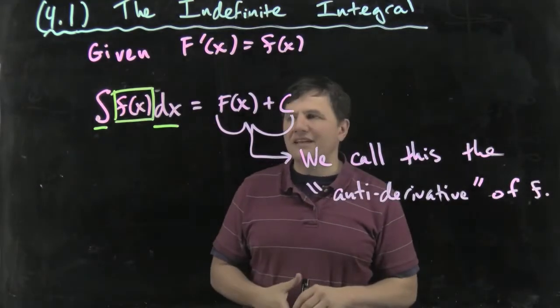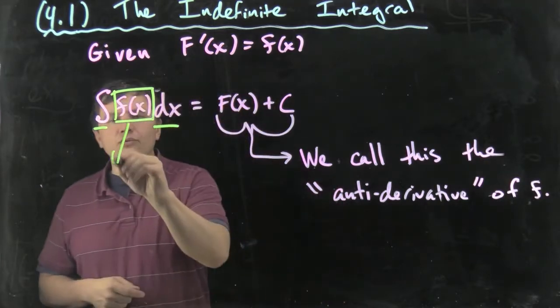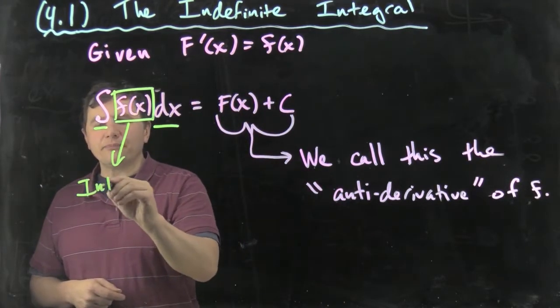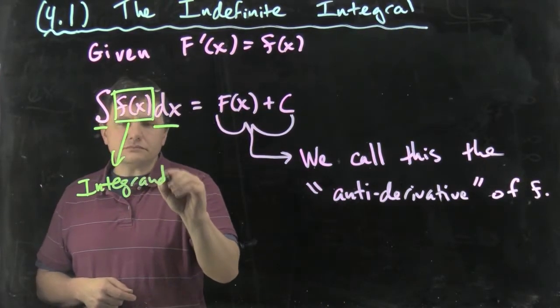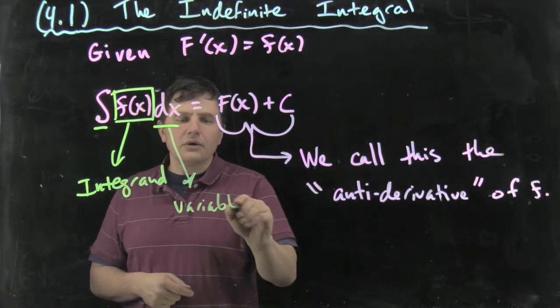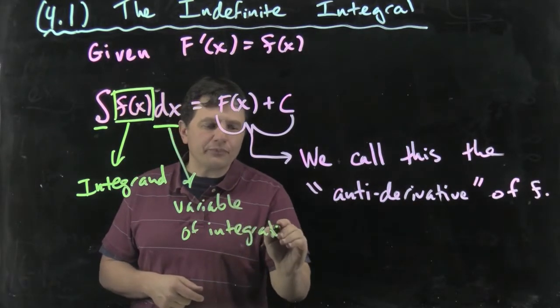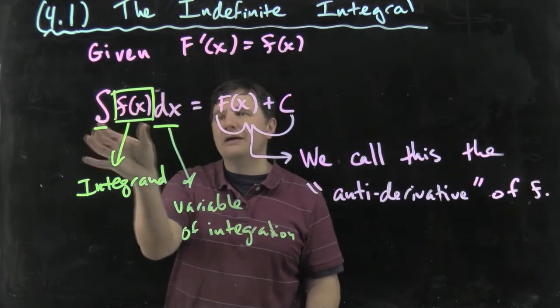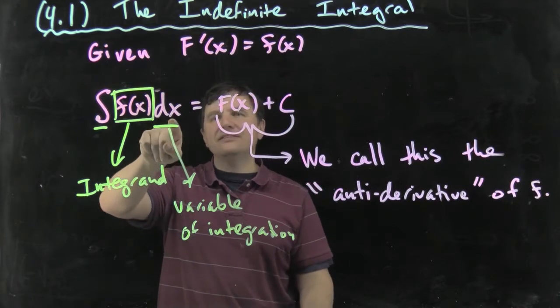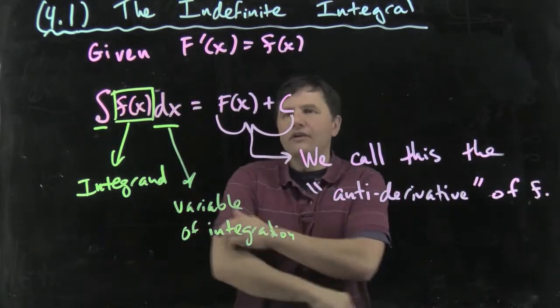It's not necessarily something you'll be tested on, but this is what is referred to as the integrand, and this is the variable of integration. I will tell you that most of the time you don't think much about this, but the dx is part of basically the operation, if you think of it that way, of integrating.